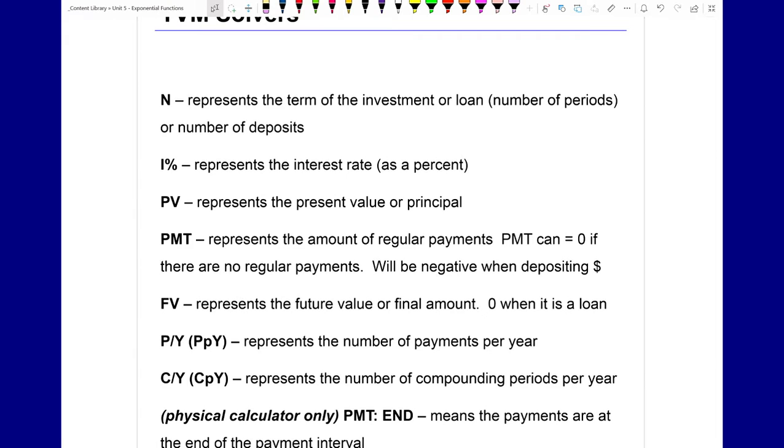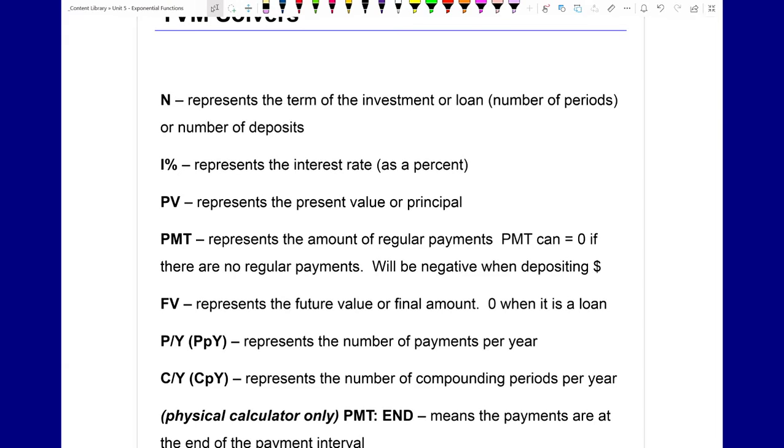So that's what PMT represents. In all of the examples that we've looked at so far, the PMT has always been zero. We haven't had regular payments. We've had one initial amount go in, and that was it, right? We weren't adding money to the account or adding money to the savings or things like that. Now, when you are depositing money into an account, when you're putting money in, it is going to be a negative value.